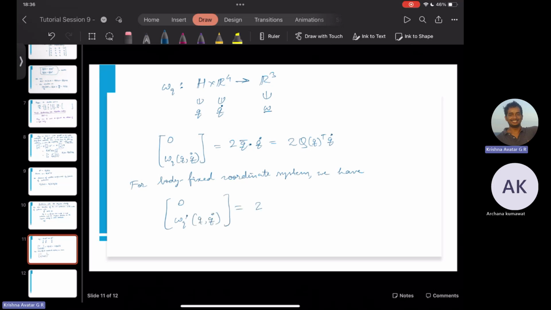This is equal to Q dot times the conjugate of Q. So this is equal to the conjugate of Q vector transpose times Q dot. Right. So this is what we do here.